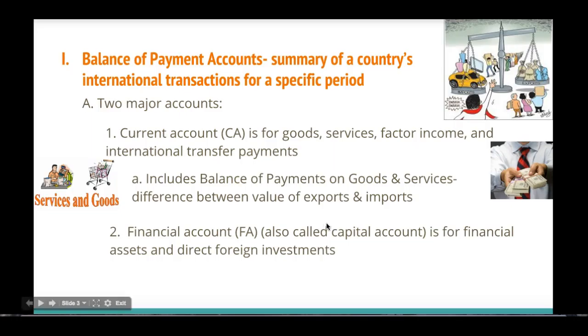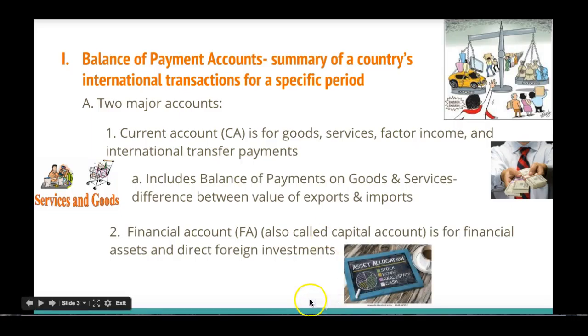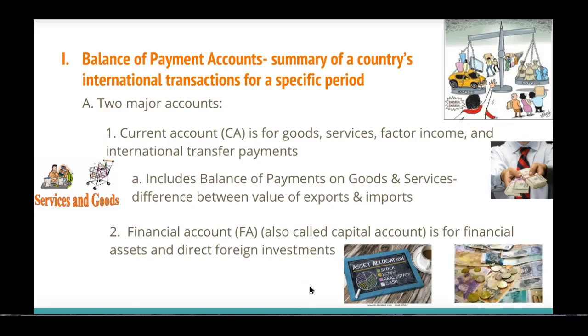What this means is that foreigners can own, for example, stocks, bonds, and real estate, just like Americans can own them. And direct foreign investment is when foreigners take their money and invest it in a business in the United States.